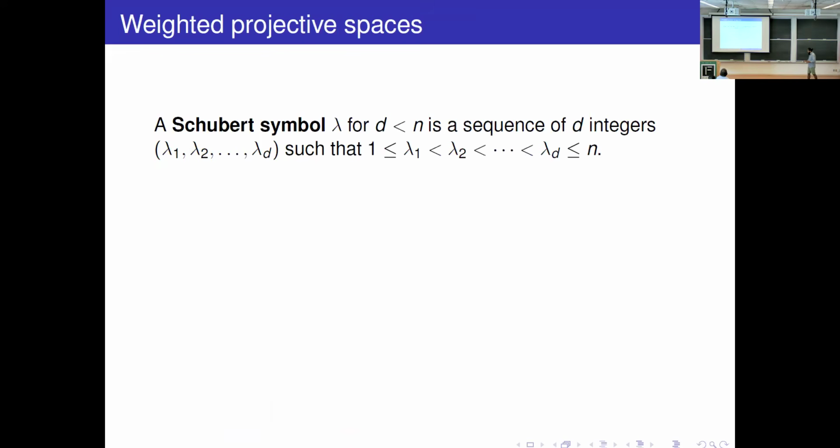Now the question comes: Kawasaki said that for weighted projective space, the cohomology has no torsion and is concentrated in even degrees. Can we expect a similar result here? Kaushik and I tried to do that, but at that time we could not.